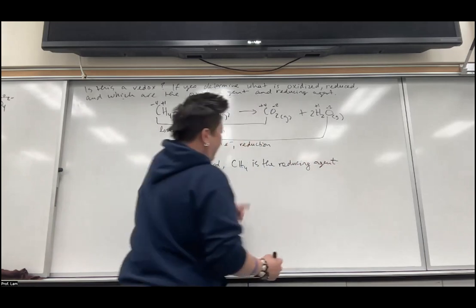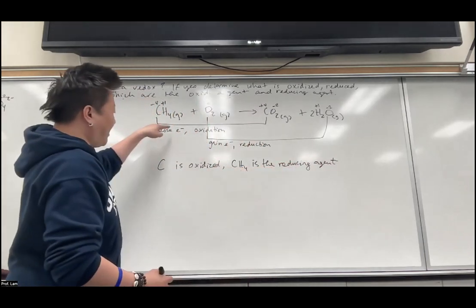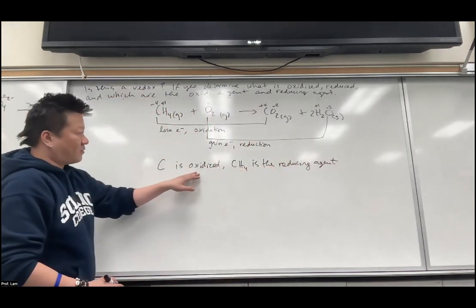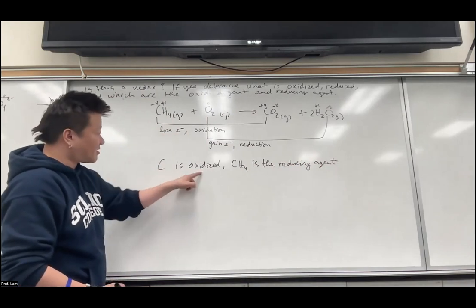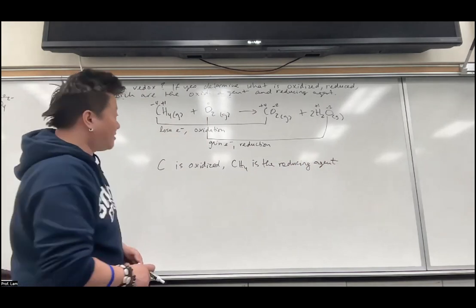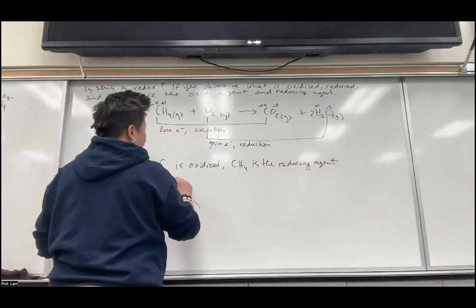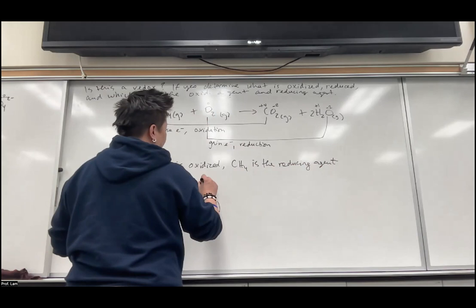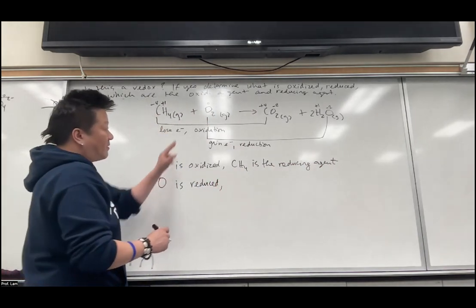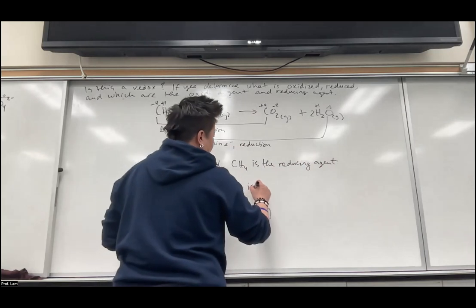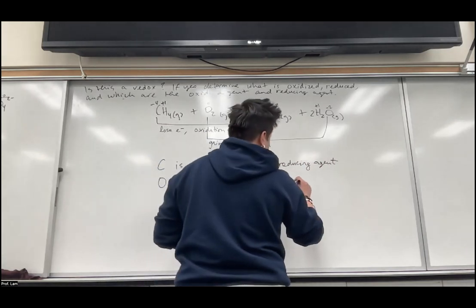When I list the agent, I list the whole compound, but for whether something's oxidized or reduced, it's just the atom. So the carbon itself is oxidized, CH4 is the reducing agent. And here, a single oxygen atom is reduced, and O2 is the oxidizing agent.